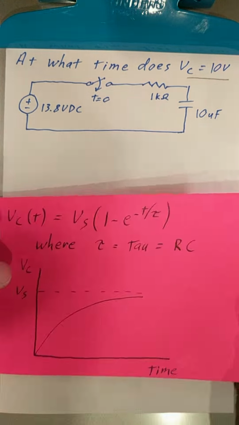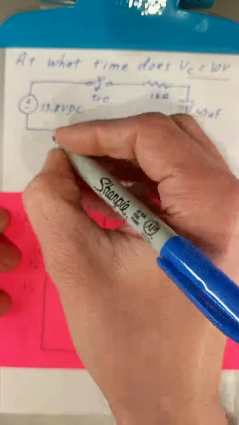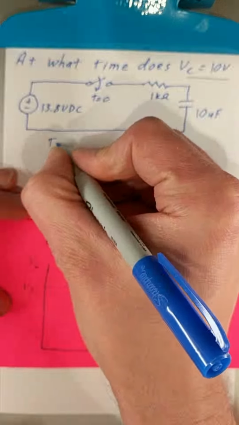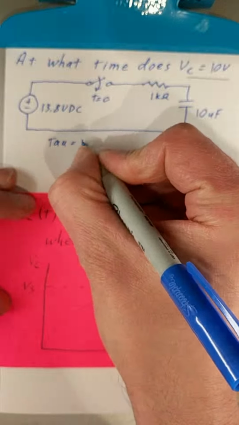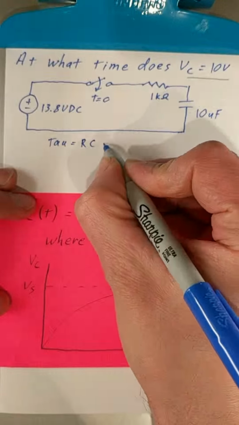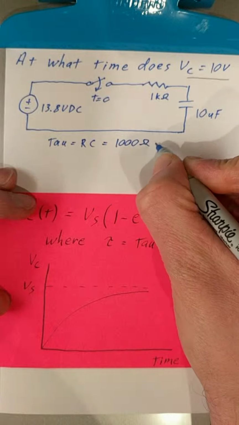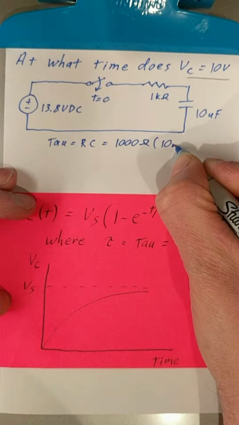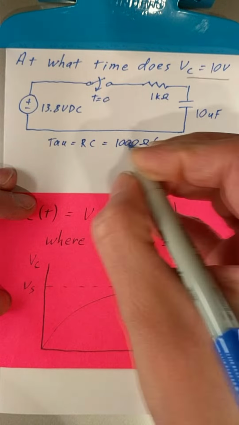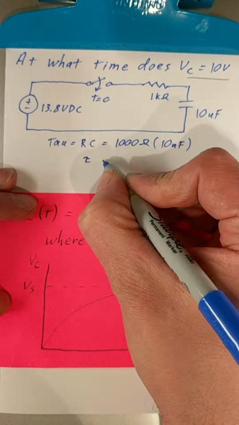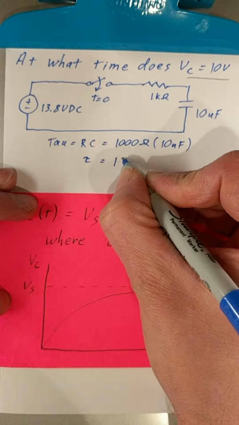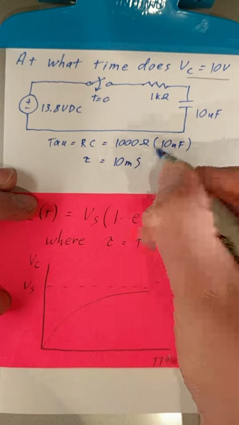Now, back to our original circuit, and the first step is to solve for tau. So tau is equal to the product of RC, which is equal to 1,000 ohms multiplied by 10 microfarads. If we solve for that, we find out that tau is equal to 10 milliseconds.